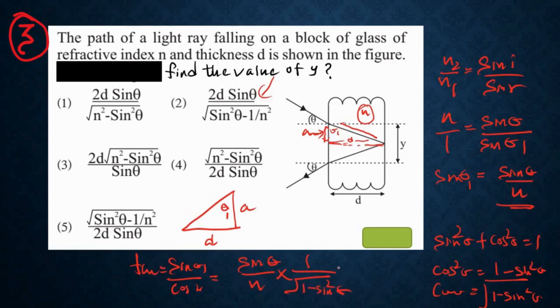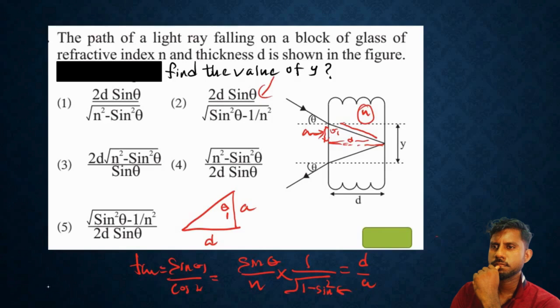I have all these values now. Of course, tan theta 1 equals D divided by A. Now I have the value of A, and we are getting closer to the answer.